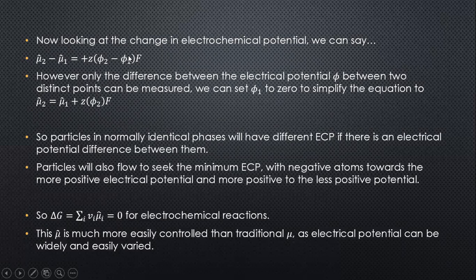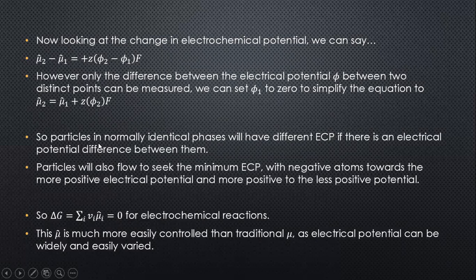If 1 is 0, we can simplify that and get mu hat 1 to the other side. How do mu hat 1 and mu hat 2 differ? They differ by the potential between the two.